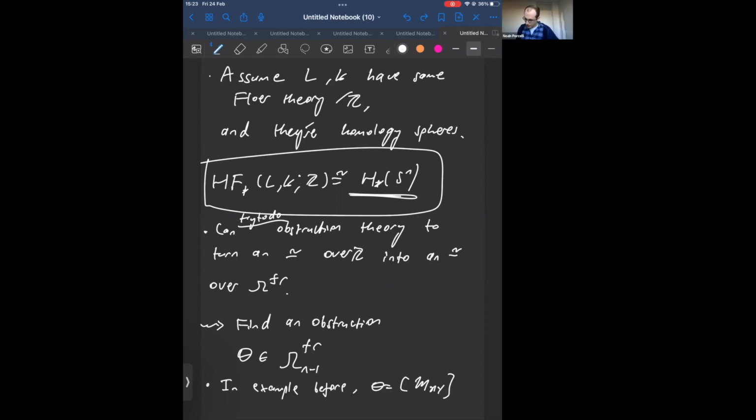So this obstruction theta is exactly the obstruction to being able to say that the frame bordism HF of LK over frame bordism is the same as the frame bordism groups of S^n. So this is actually what you really want, this statement. Like for other manifolds, the obstructions are just too complicated.